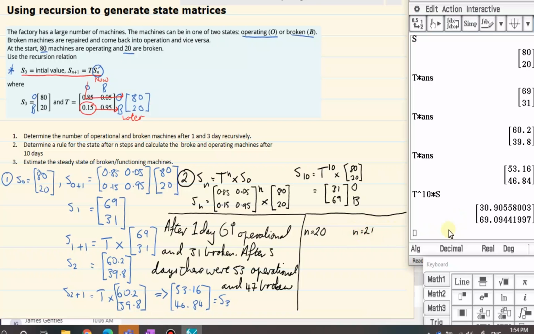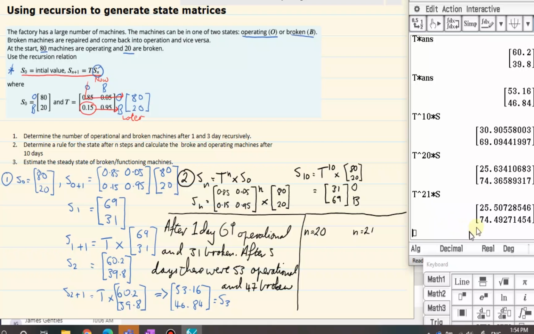So let's go over here. I might just copy this down. n equals 20 and n equals 21.